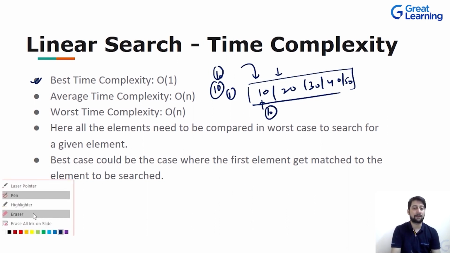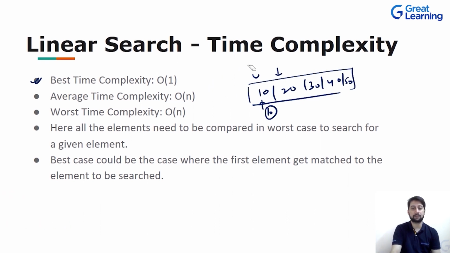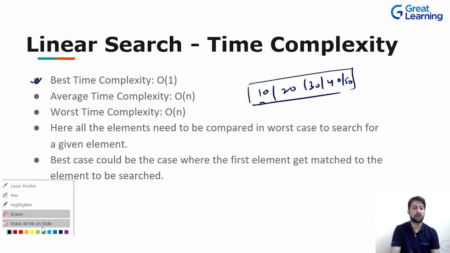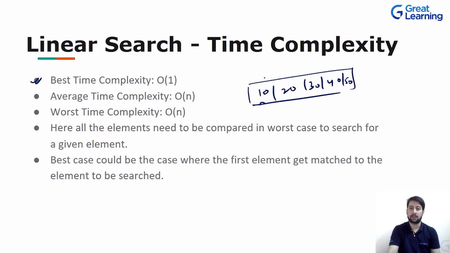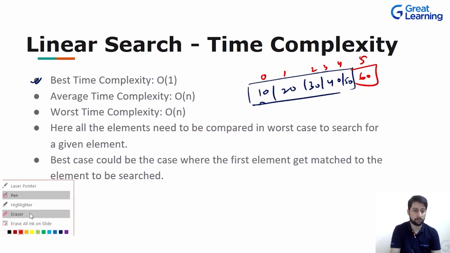Now, what about the average case and the worst case? Let's suppose the average case is that you are looking for an element which is at the middle point. 0, 1, 2, 3, 4.